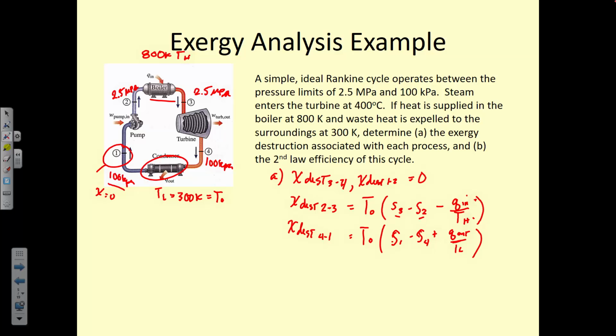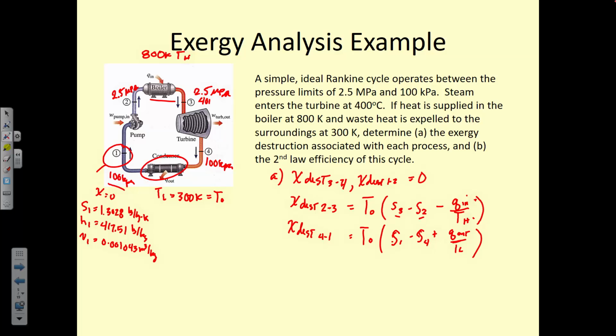We can look up our entropy, which is 1.3028, our enthalpy is 417.51, and our specific volume is 0.001043 meters cubed per kilogram. Enthalpy is in kilojoules per kilogram, and S1 is in kilojoules per kilogram Kelvin. Okay, so we have state 1. What other state can we easily look up?